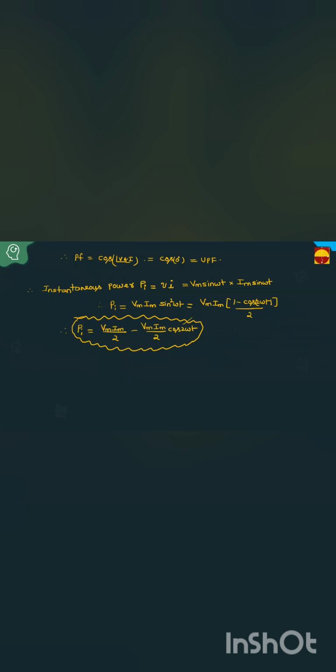Similarly, if the supply frequency is f, what is the frequency of instantaneous power? It is 2f. Frequency of instantaneous power is 2f.